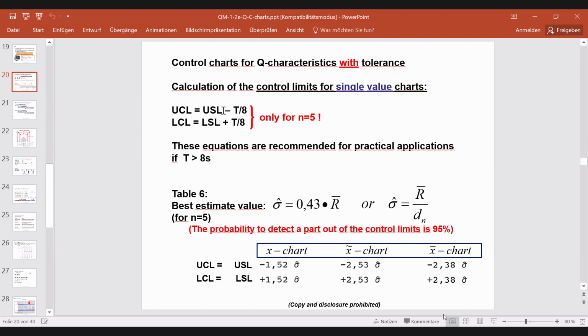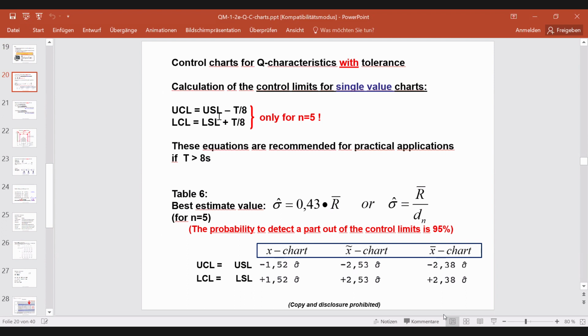You take only the specification limit, and T is the tolerance: the upper specification limit minus the lower specification limit. This is the tolerance area here. And the lower control limit is the lower specification limit plus T divided by 8.